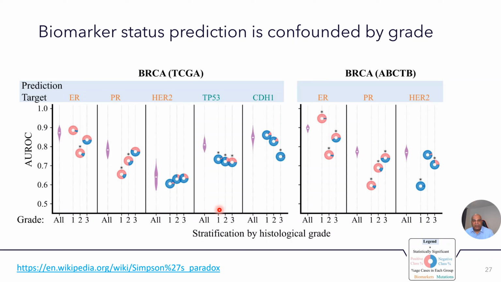But once we stratify with respect to grade 1, 2, or 3, the performance significantly drops, showing that the biomarker status is confounded by grade. And it's not just TP53 mutations, but also HER2 prediction, PR status prediction, ER, and CDH1 mutations, and the pattern holds when we test it in independent test sets as well. Moving on.